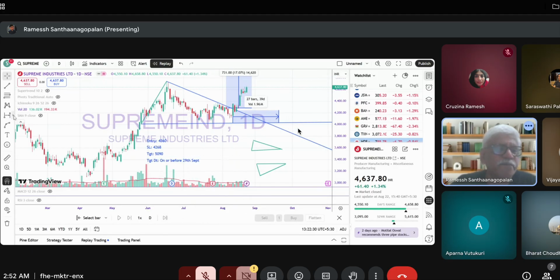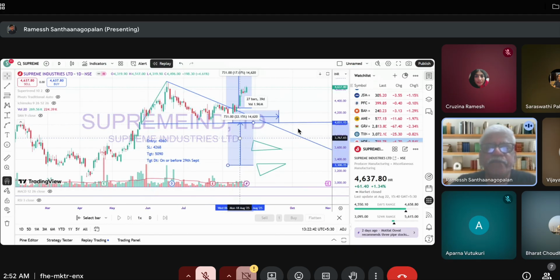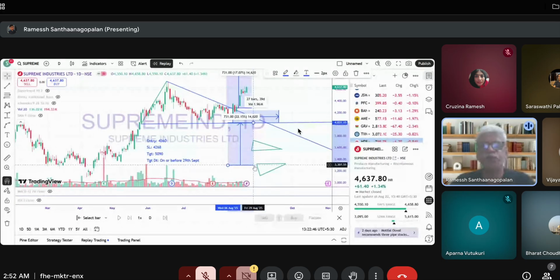Suppose the same stock started moving down, it can go up to this level, and it can go down up to this level. From 4031, it can go as low as 3033.